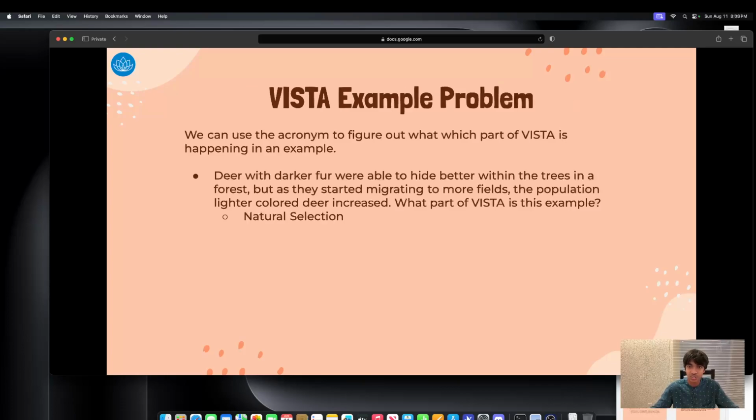Yes, it's natural selection, because the deer with darker fur were able to hide better within the trees, but when they started to migrate to the fields, the lighter color increased.